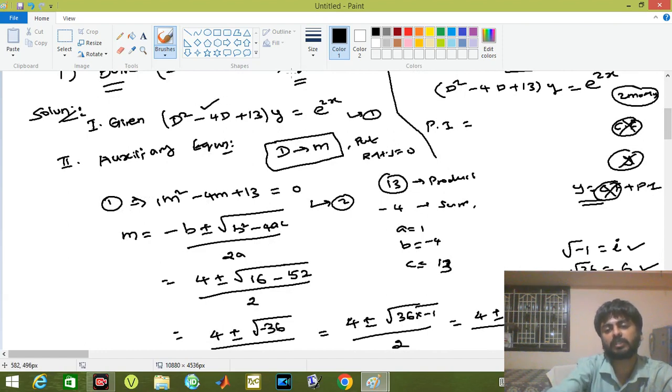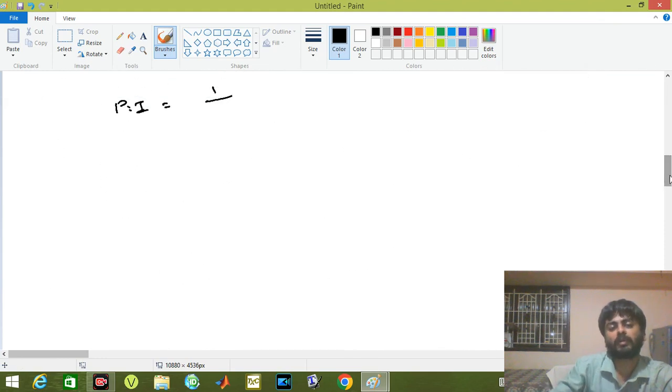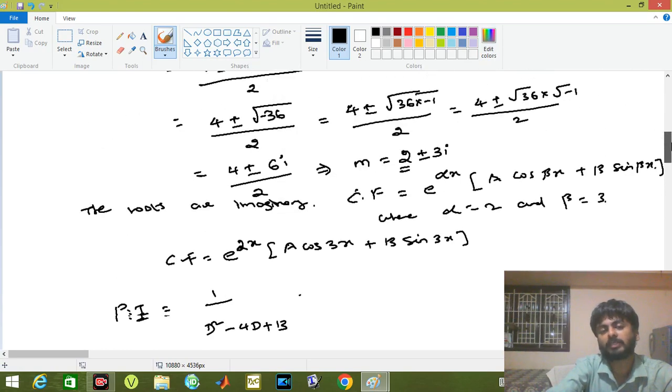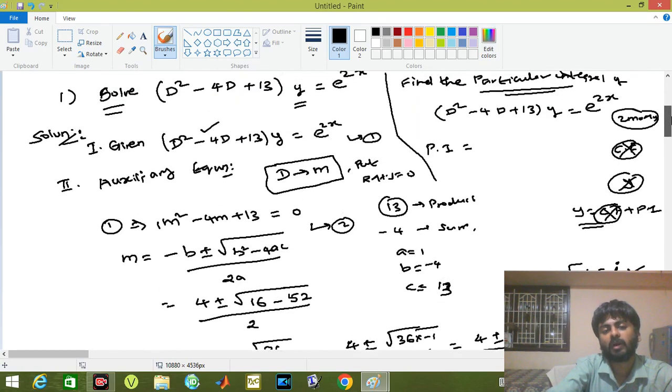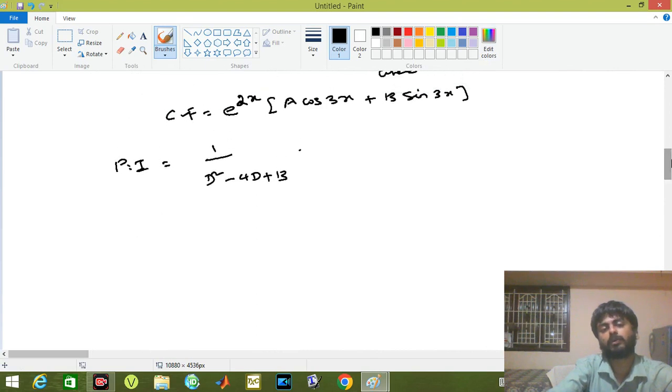This is your function of D. So you will have 1 divided by D square minus 4D plus 13 into X. X means your right hand side. What is your right hand side? Your right hand side is e power 2x.